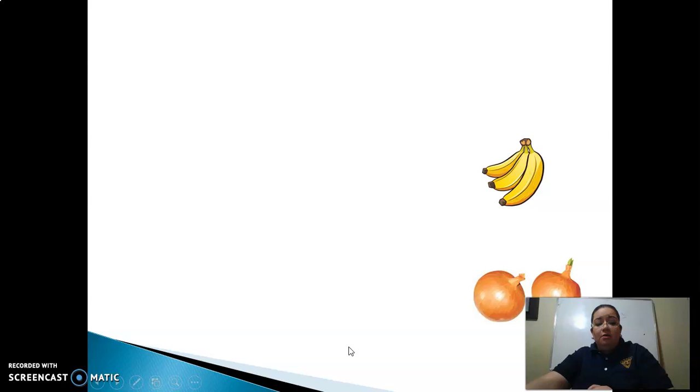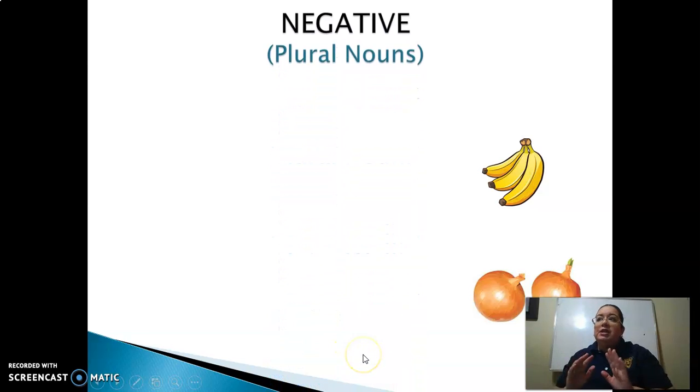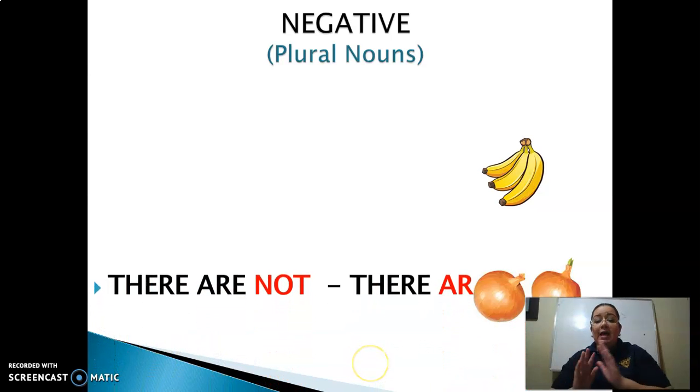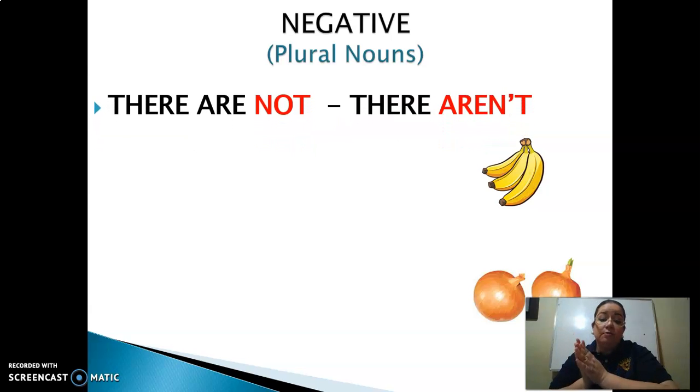Okay, let's go. As well, we have the negative. We already checked there isn't, and we have as well the negative form for the plural nouns. That negative form is there are not, or the contracted form, there aren't.